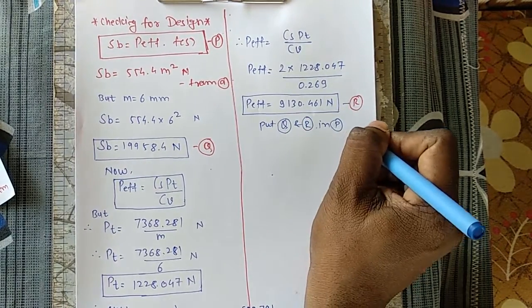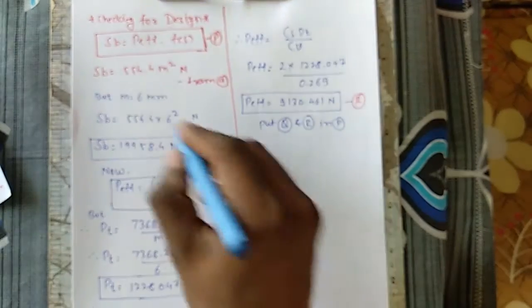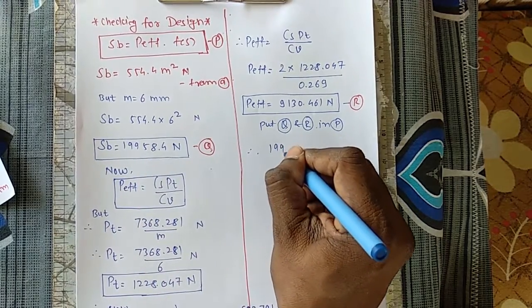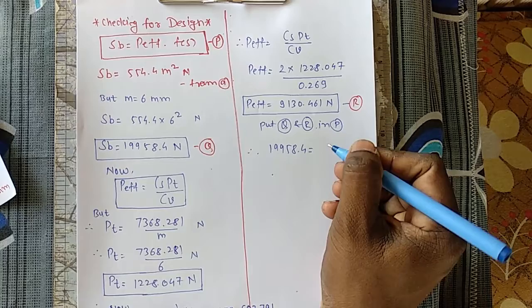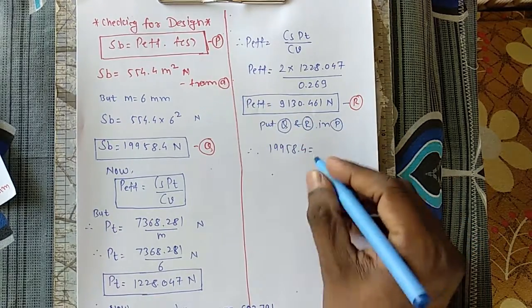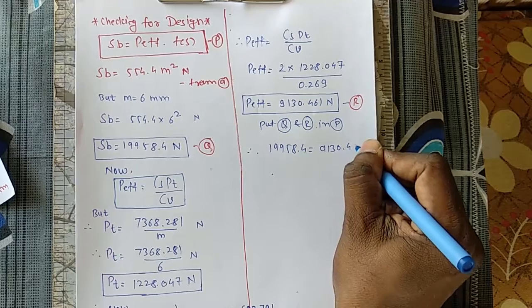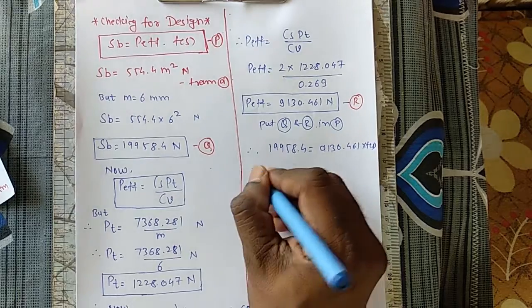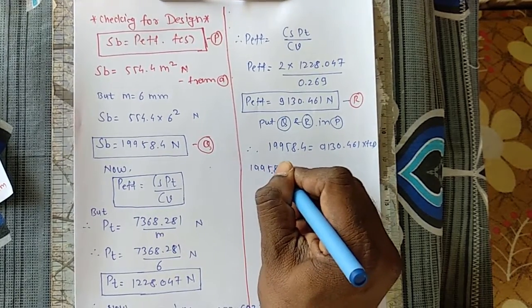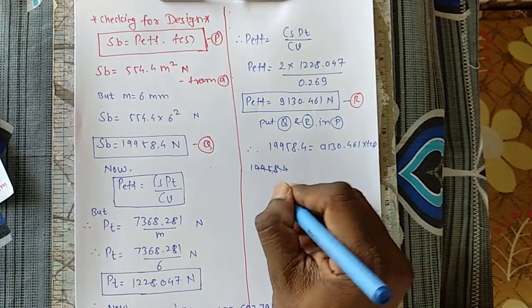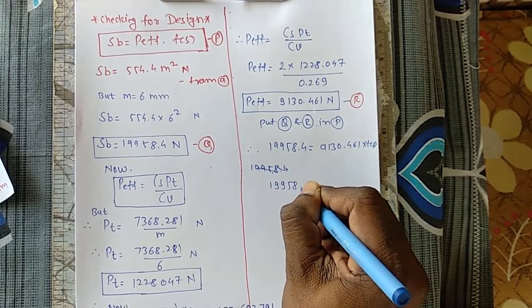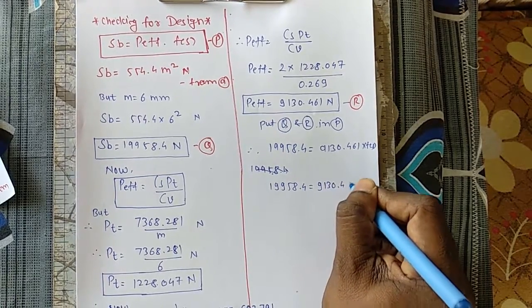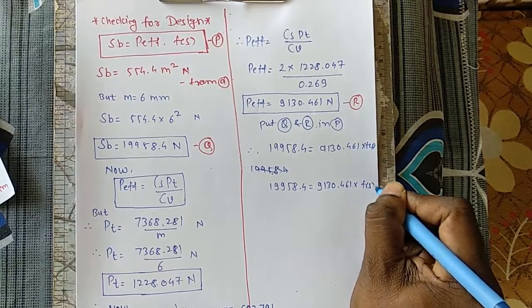Therefore SB is here, if you can see, 19958.4, that equals P effective, 9130.461, into the factor of safety which we have to calculate. I will just rewrite this: 19958.4 is equal to 9130.461 into factor of safety.